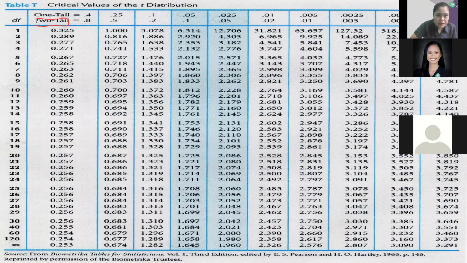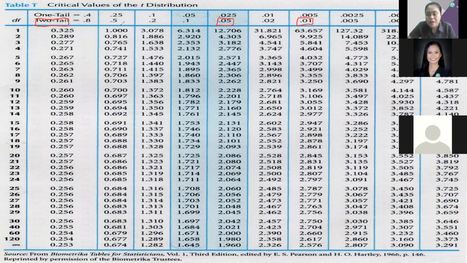Okay? It is a two-tailed test. And then another thing is the alpha, our significance level. Most of the time, our significance level is 0.05. If we are very strict, then we will be using 0.01. But those are not the only possible values of our alpha. It can be 0.5 if we are not really that strict.